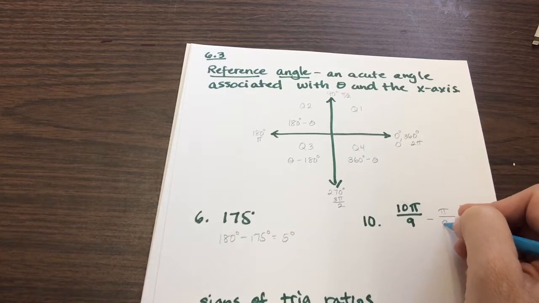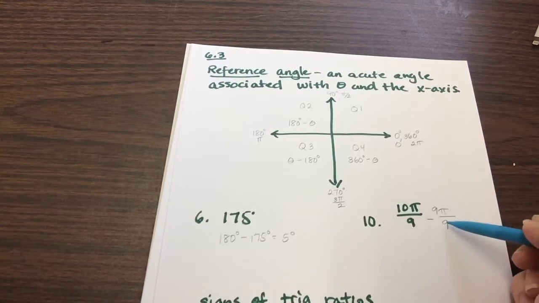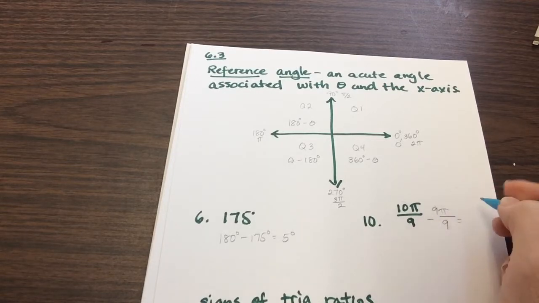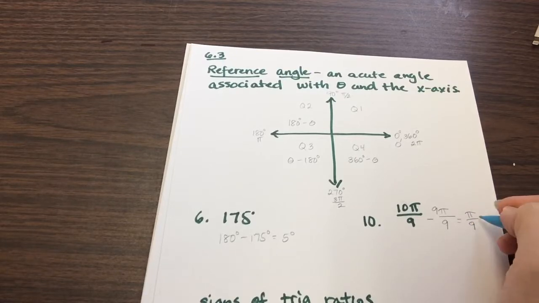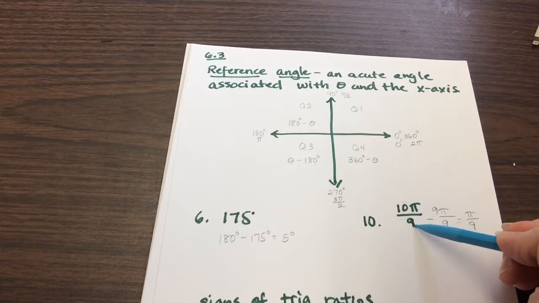If I'm doing this, I'm going to get a common denominator, which is 9, so I'm going to multiply the top and the bottom by 9, and then just subtract straight across. So that's going to be pi over 9. So pi over 9 is my acute angle. It's my reference angle for 10 pi over 9.